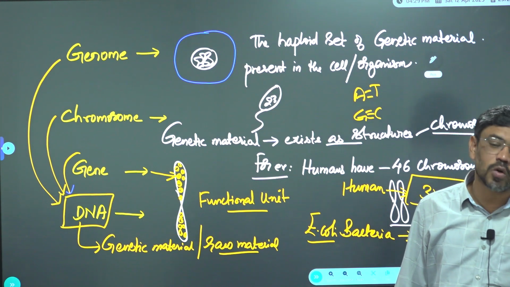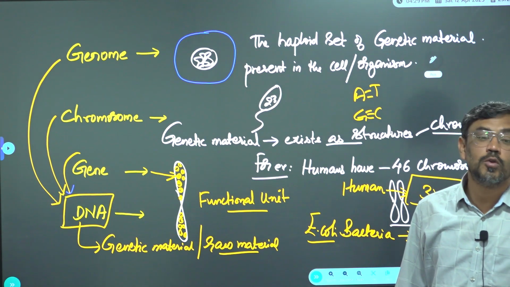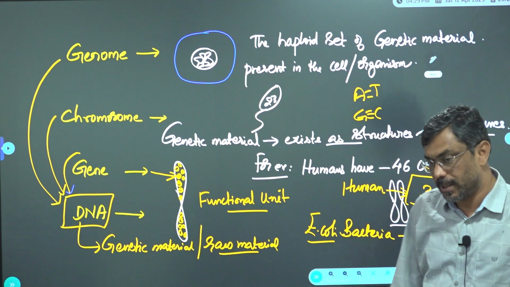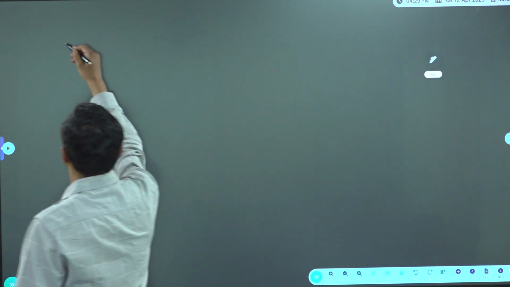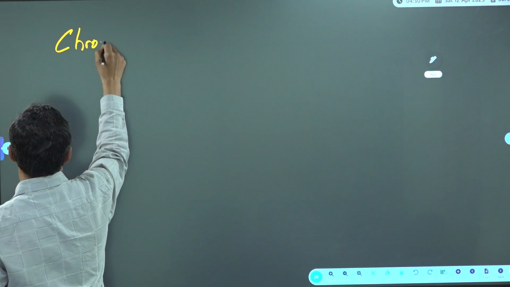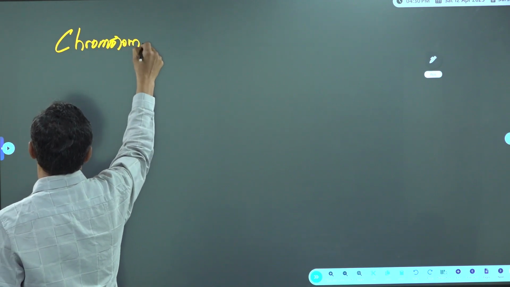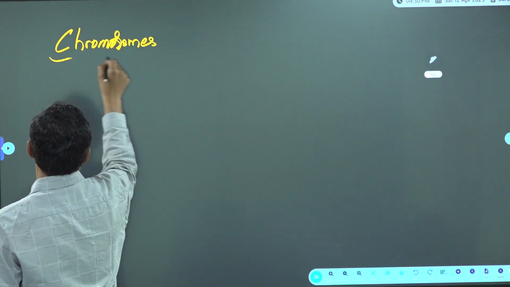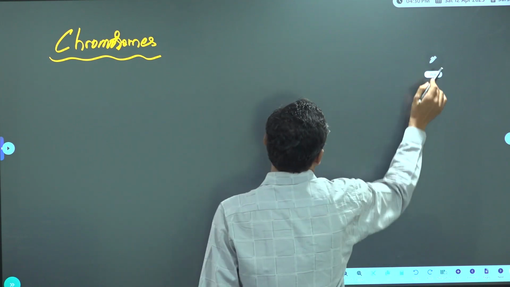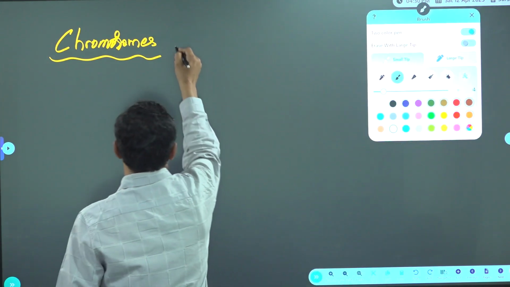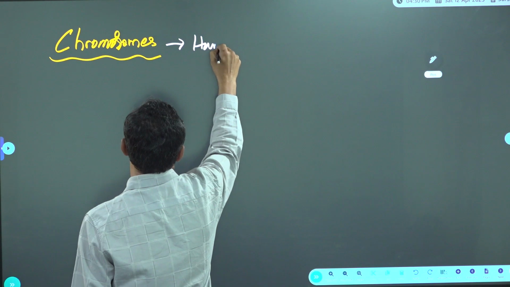Let us see the chromosomes and their abnormalities. The next topic is chromosomes. Humans have 46 chromosomes.